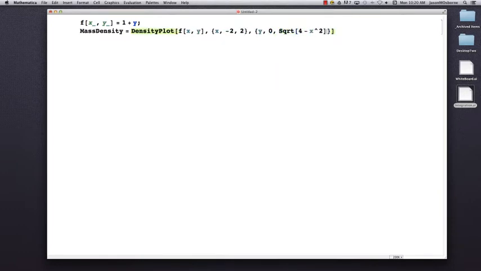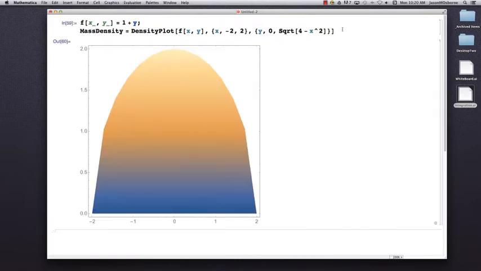Okay. So what we should see here is a 2D plot. We've only got two variables, x and y, f of x and y, and we're going to plot this as a density plot. Shift return, and there is a plot of your region D with colors giving the relative weight at each point.